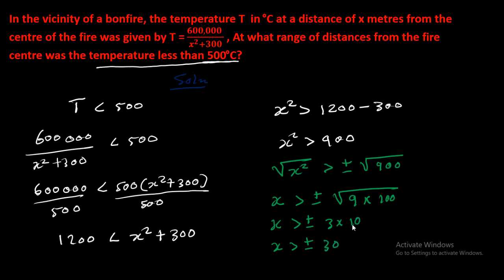But our distance is not supposed to be negative, because distance is always positive. Therefore the distance should be such that x is greater than 30 meters. This is how you can easily work out this question.